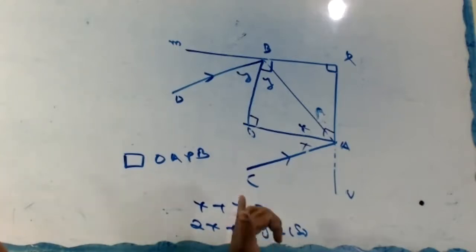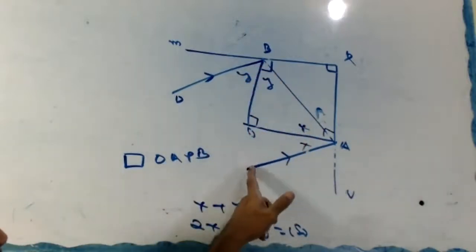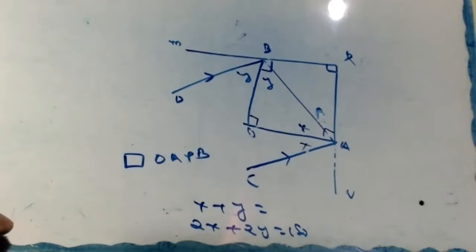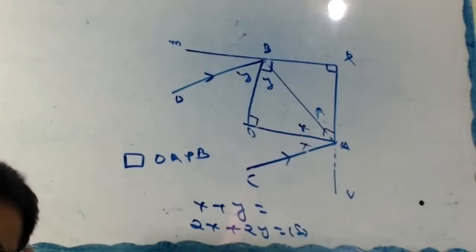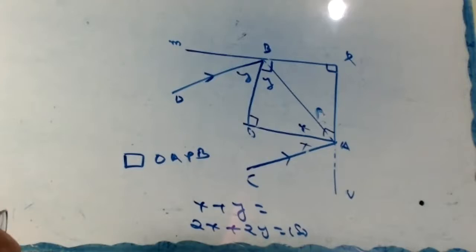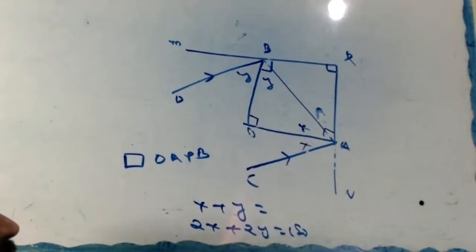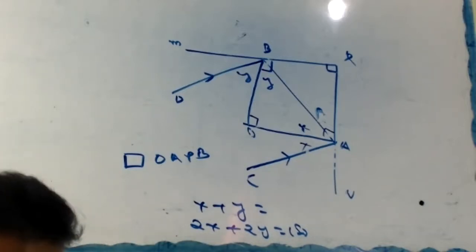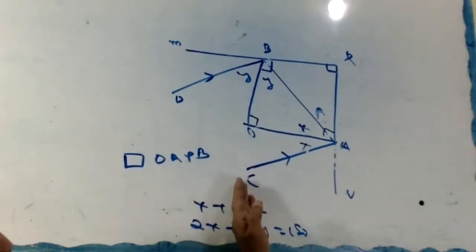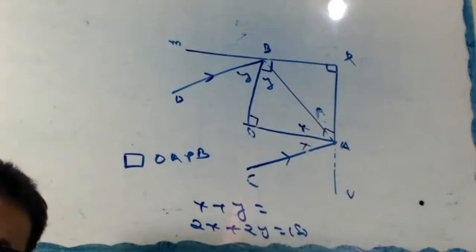Okay, last line. Therefore, angle CAB plus angle ABD equal to 180 degrees.